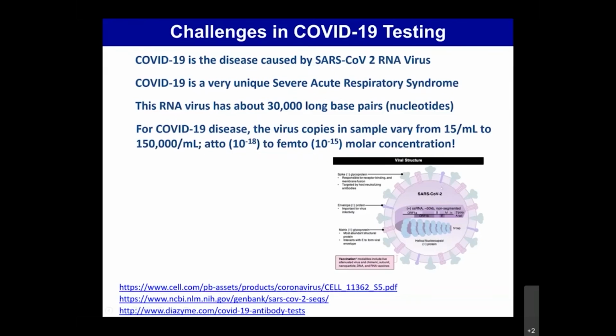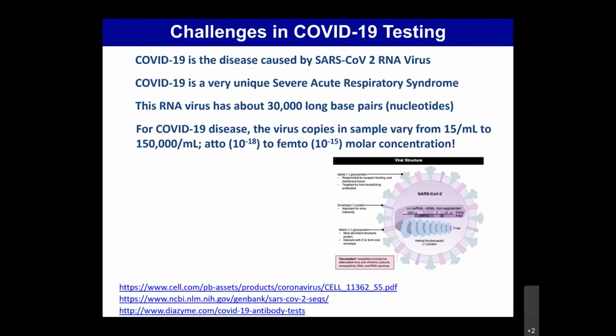Now, of course, there is an RNA which has the entire code for the protein description of this virus, right? But the virus copies in a sample, when one is infected, can be as little as 15 viruses in a milliliter of sample.